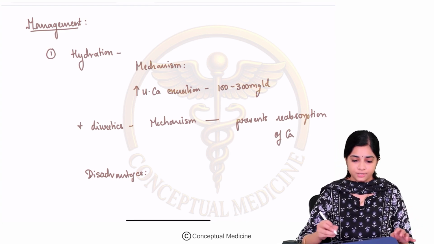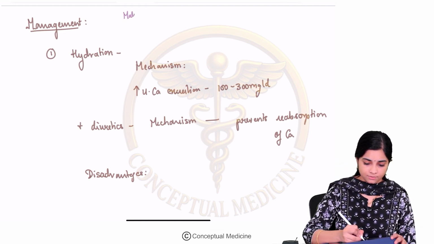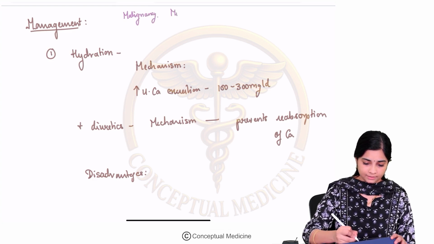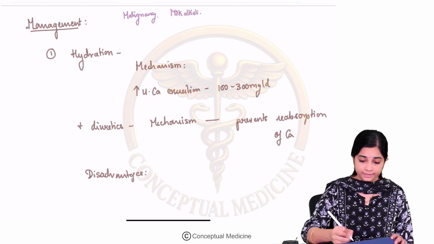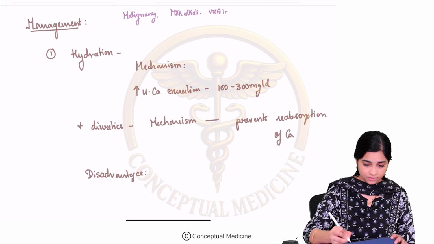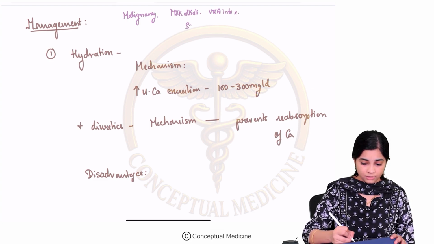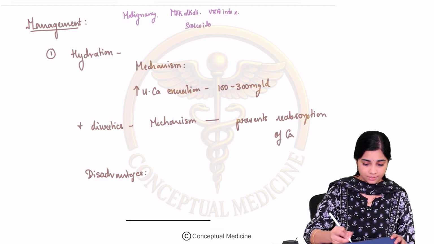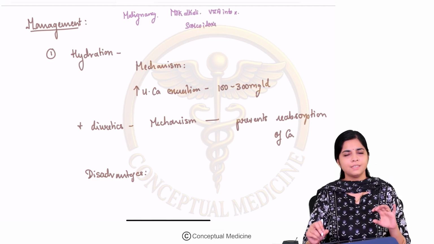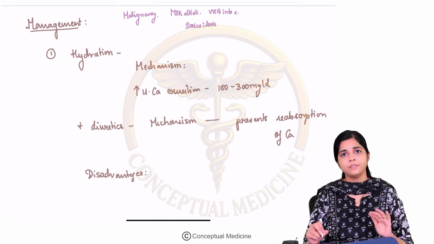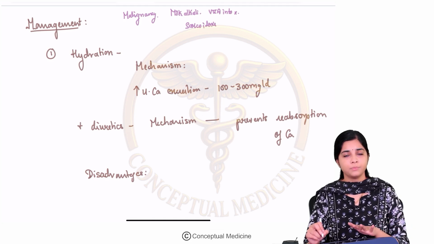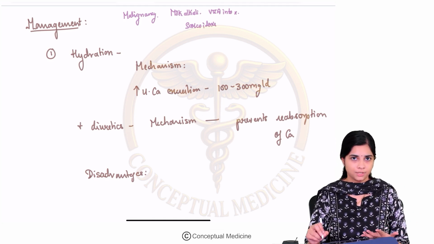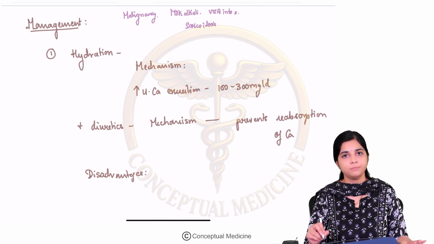But in conditions like malignancy-associated hypercalcemia, milk alkali syndrome, vitamin A intoxication, or maybe sarcoidosis, the hypercalcemia is relatively acute, it does not go on for a very long time. So in these conditions, depending upon the degree of severity of hypercalcemia, you have to treat the patient.